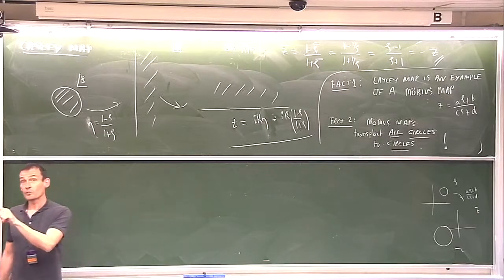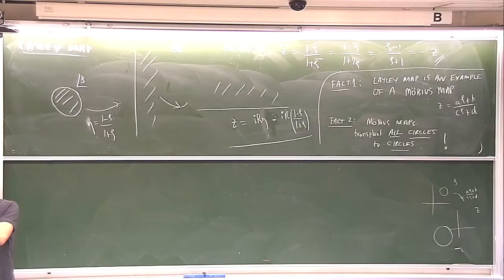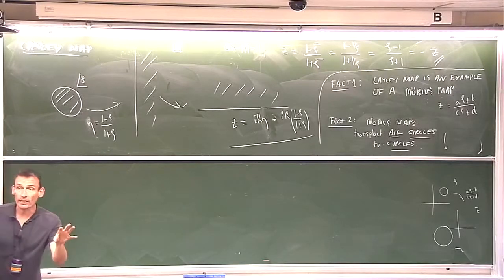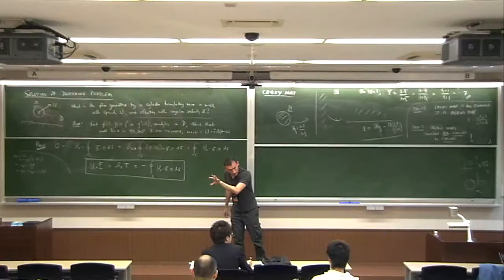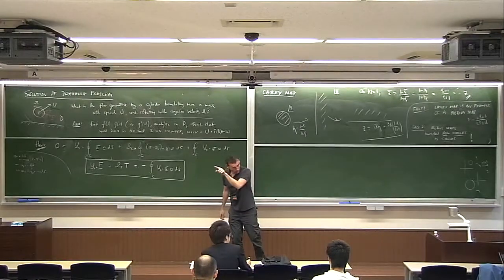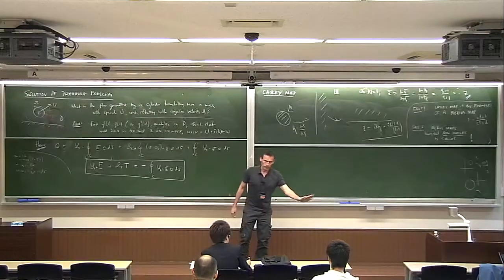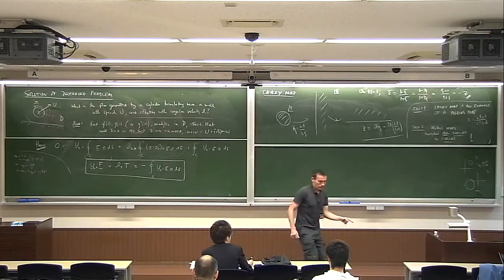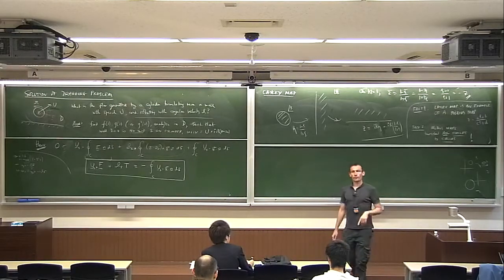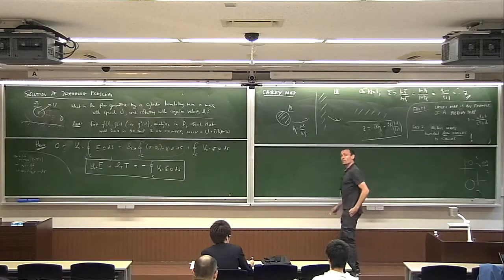By the way, there's lots of other maps that aren't Mobius that will map a particular circle to another particular circle. Lots of functions do that. But Mobius maps map every circle to another circle. There's a little exercise to prove that to yourself.